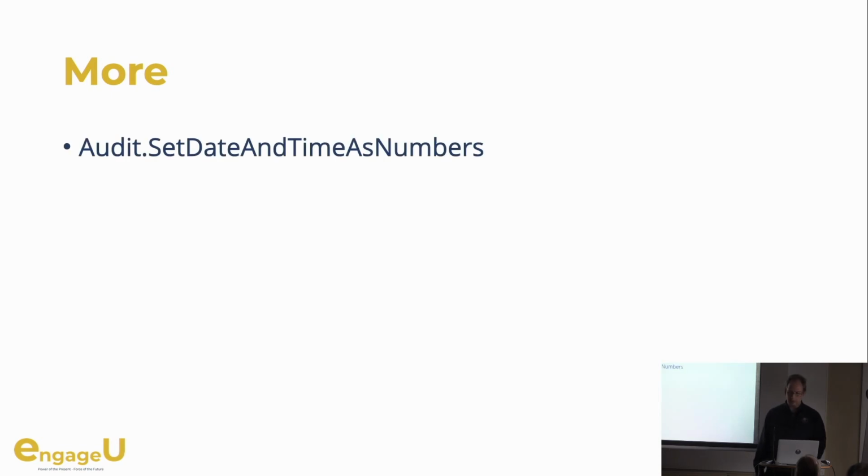Then we have a few more little functions. For example, we have audit functions, and they can now store dates and times as numbers. That avoids trouble if you have users with different locales, and you don't want to get confused when some people write the audit logs with US date and some with European date notation. And then we got also a one-time password calculator function.